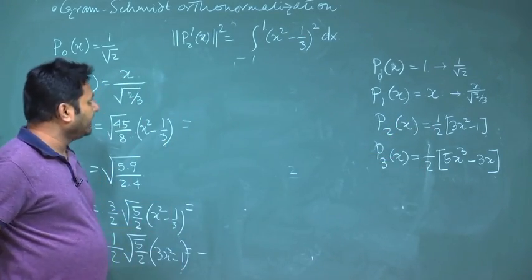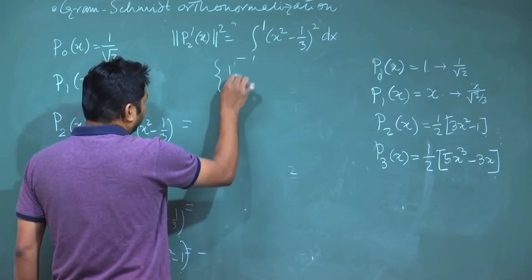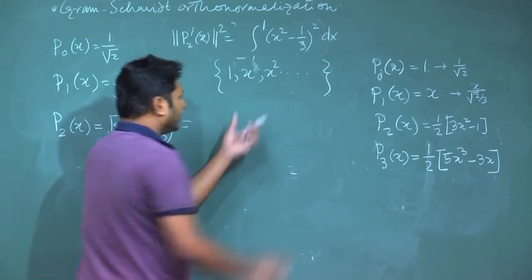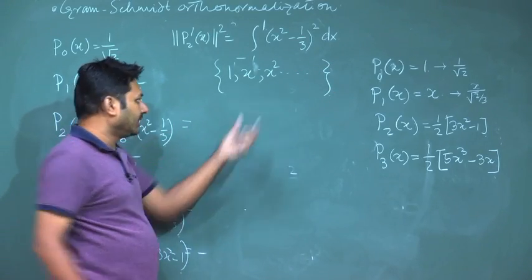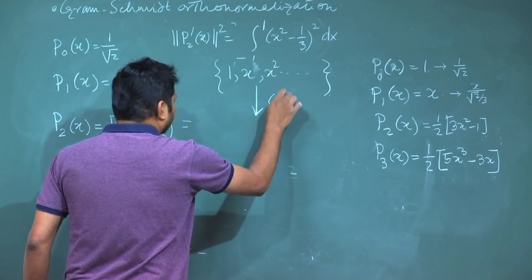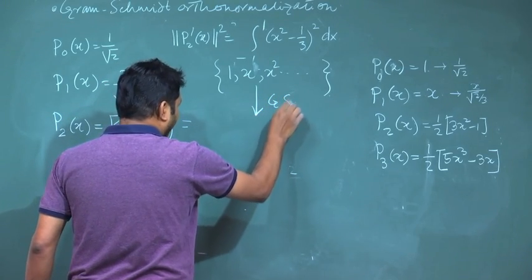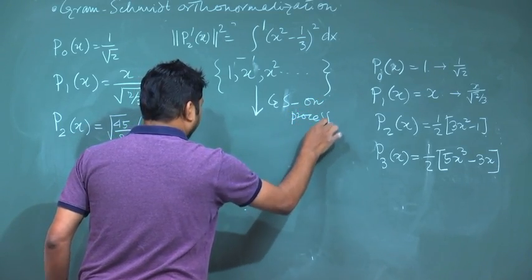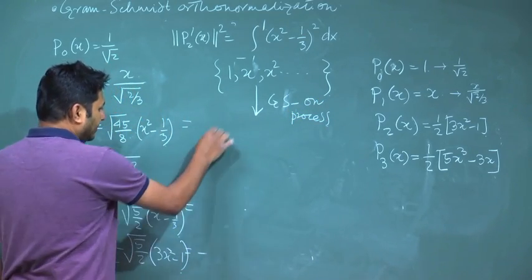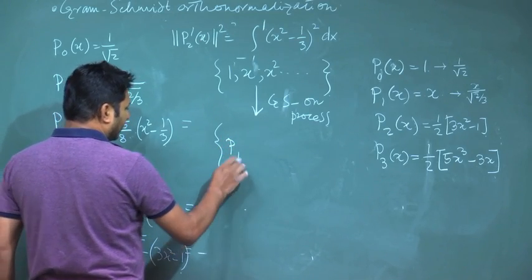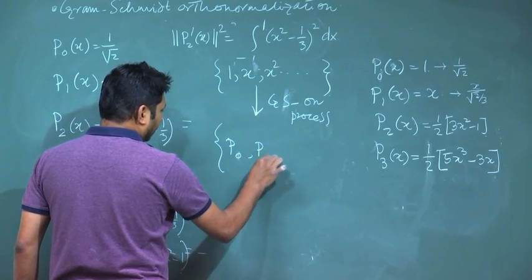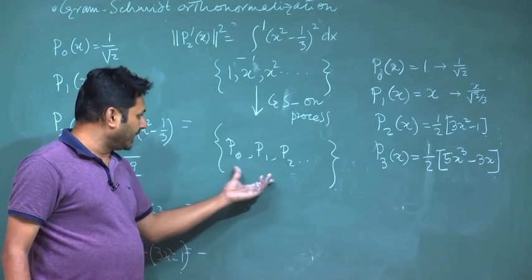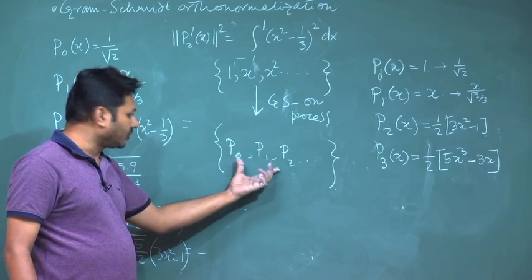The point is that if a set of vectors, which is a set of functions, is given to you, which are linearly independent of each other, then by using the Gram-Schmidt orthonormalization process, I can have a set of functions P0, P1, P2, which are orthogonal to each other.